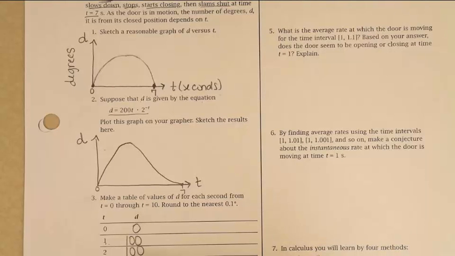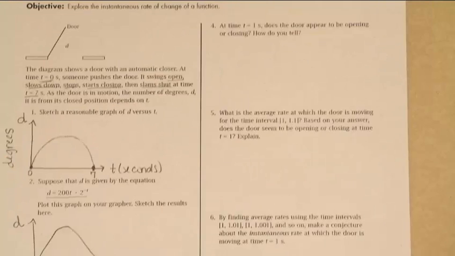And I'm going to do that by looking around time equals 1 in my table. So maybe I'll look at a little bit before it and a little bit after it to see exactly what's happening. In order to do that, I'm going to need to use my table again. So I'm going to go back to my table.